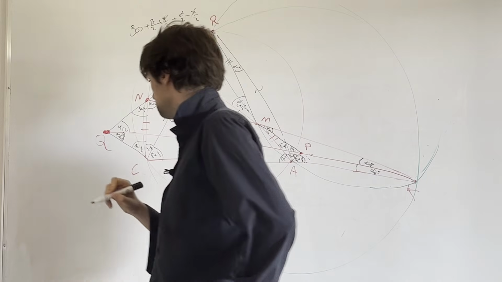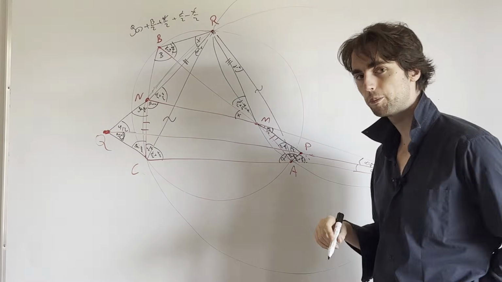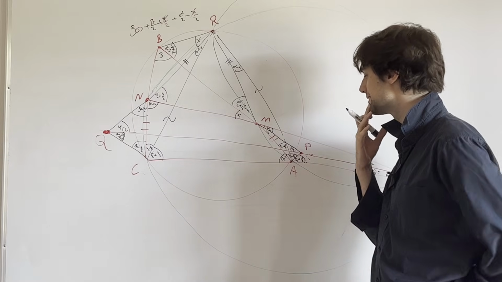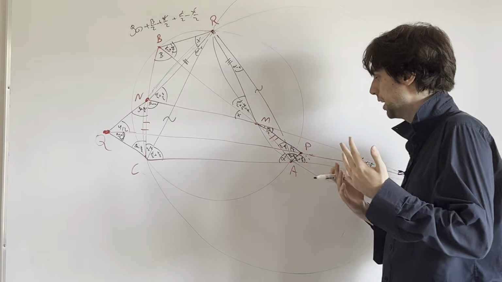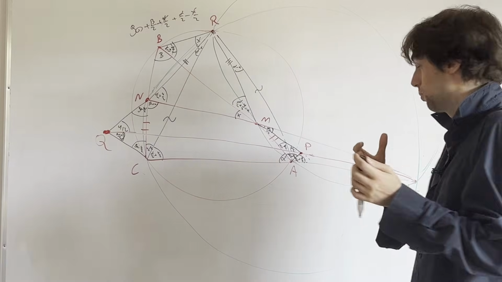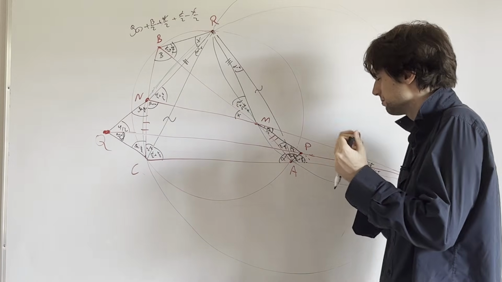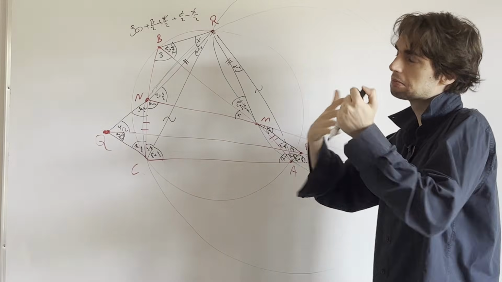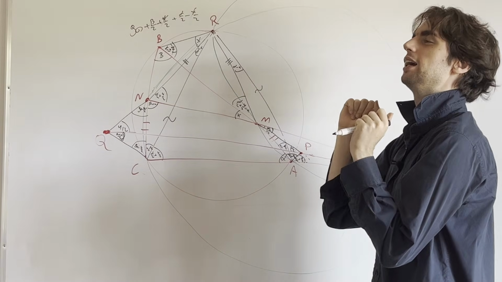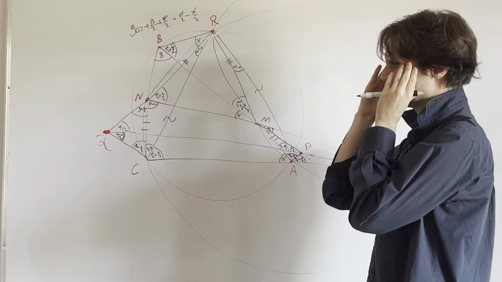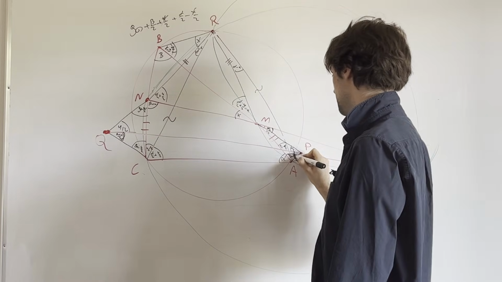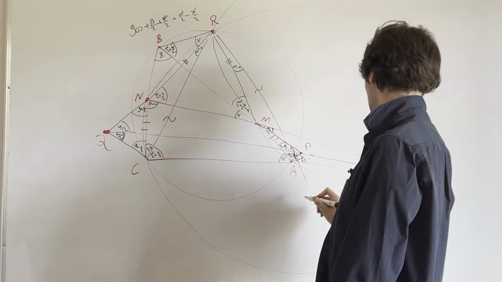I had this is beta plus X over 2. Maybe that's the thing, something that's maybe invariant with respect to A and C, but it's something that's symmetric with respect to A and C. And the corresponding angle here is this one, and this one is what?